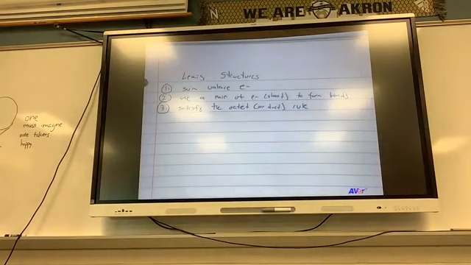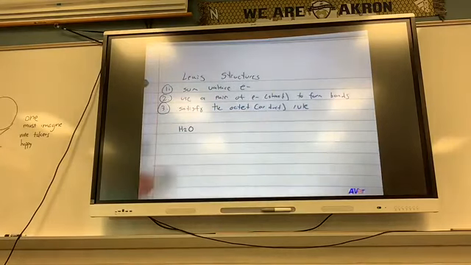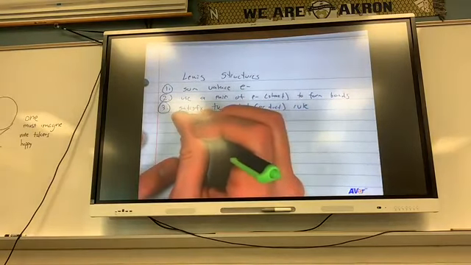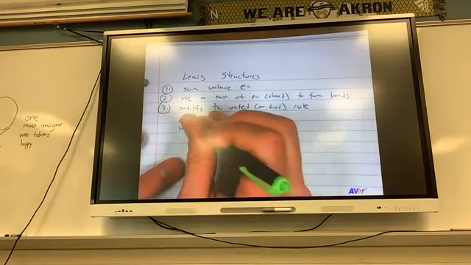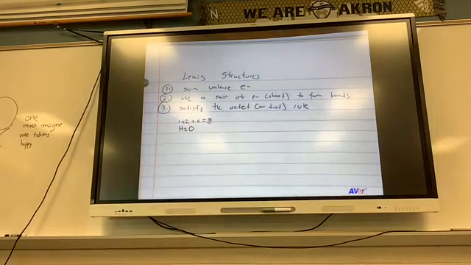So let's start out with water, H2O. Water has 1 valence electron times 2 plus oxygen has 6. So I know for water I have to show a total of 8 electrons.